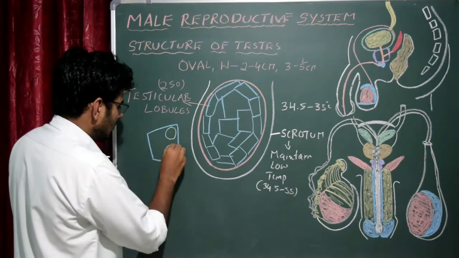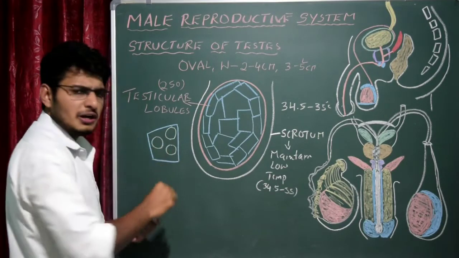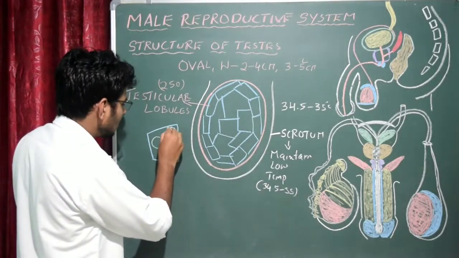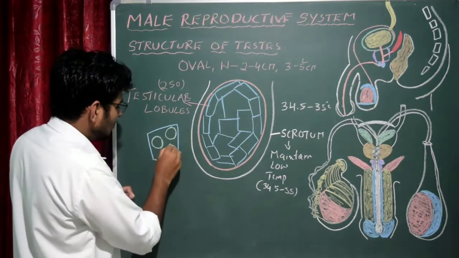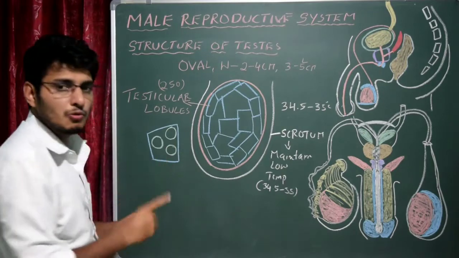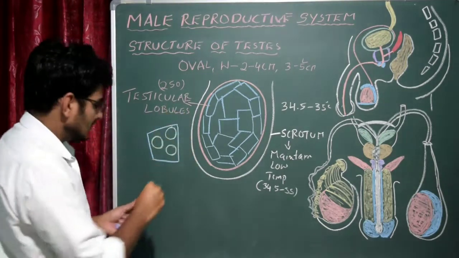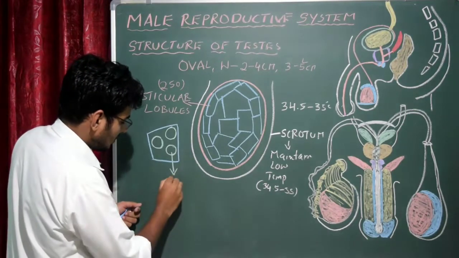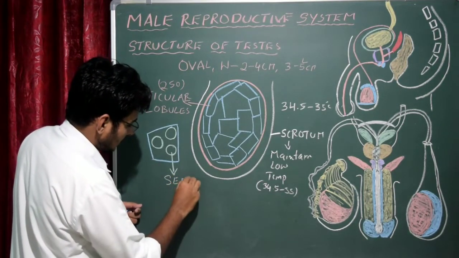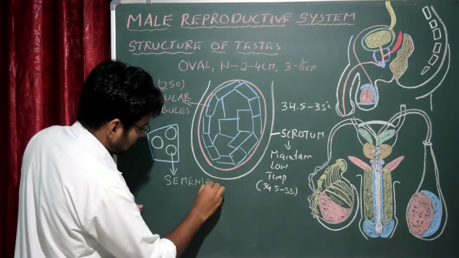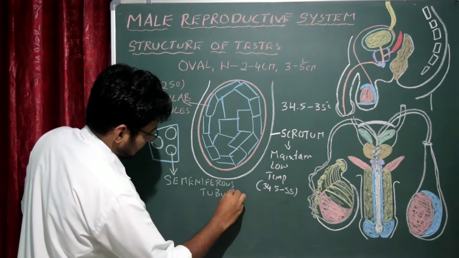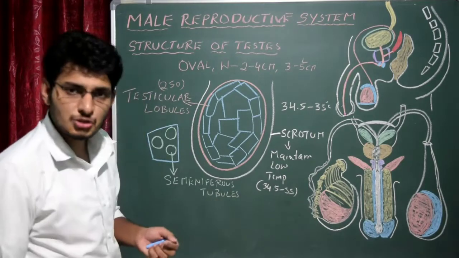These are highly coiled structures, and these highly coiled structures present within one testicular lobule are called seminiferous tubules. Okay, this is called a seminiferous tubule.